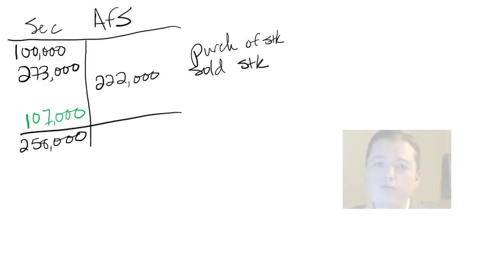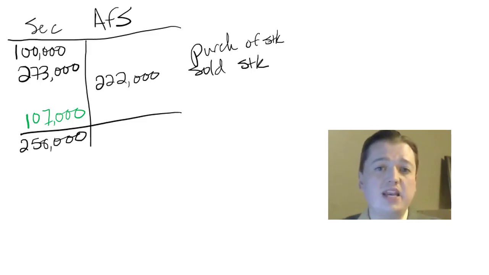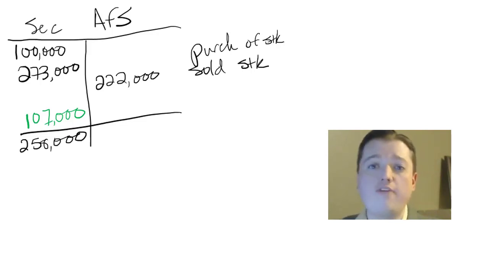But wait a minute. Hopefully something else has jangled in your brain because of all the transactions and journal entries and things we've studied in intermediate accounting, and you said, wait, there's one other thing that affects available for sale securities. It's the market price adjustment. I have to do a market price adjustment every single year. That would also affect the balance in my securities available for sale account, because this company doesn't report a separate fair value adjustment account.